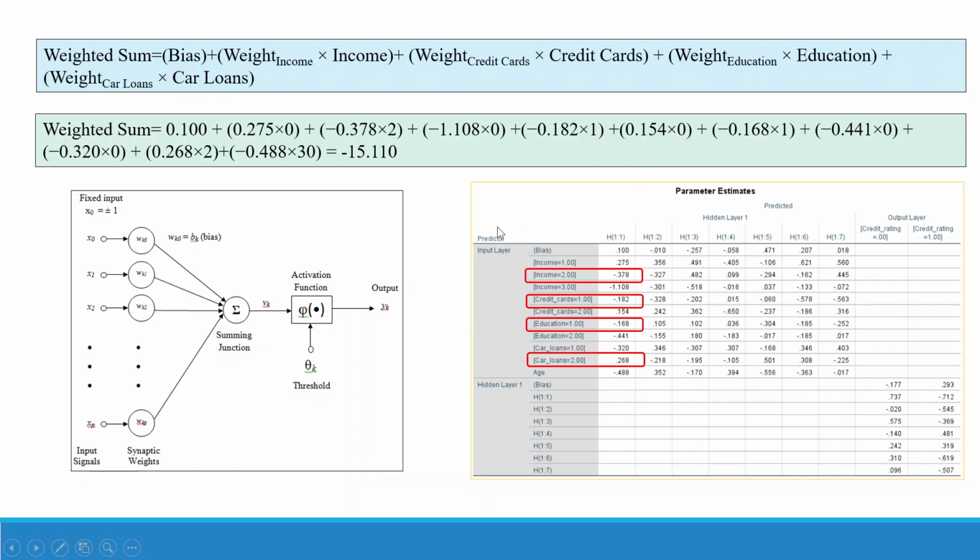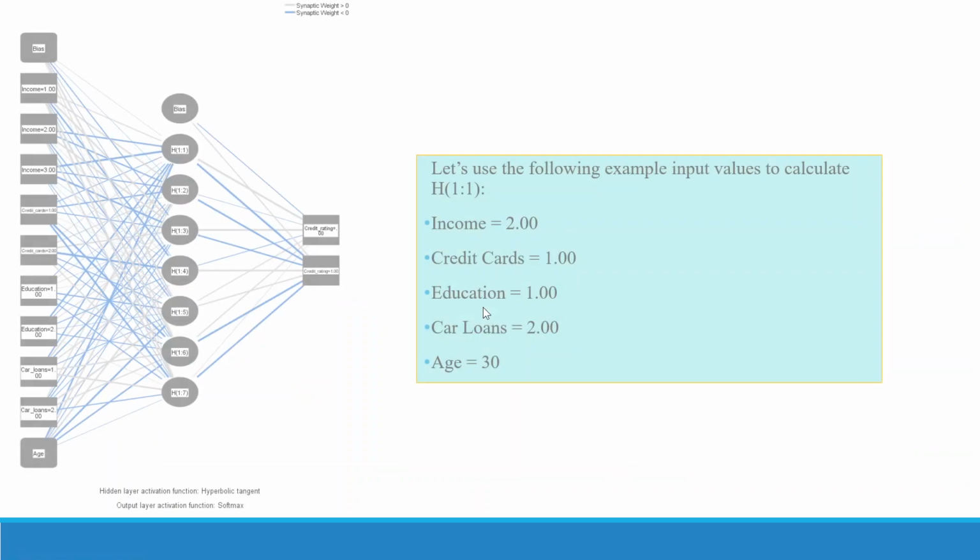Okay, now let's understand this concept also. See, bias is 0.1 plus 0.275 into 0. Why? Because the customer is in income 2.